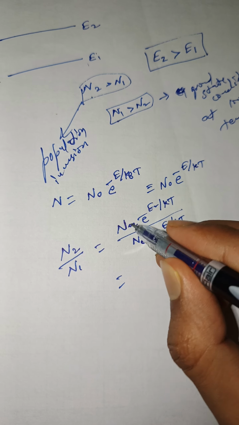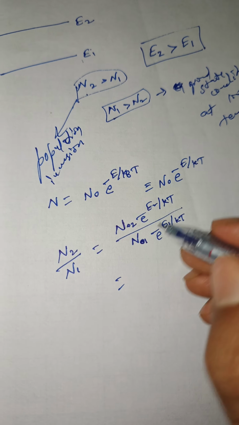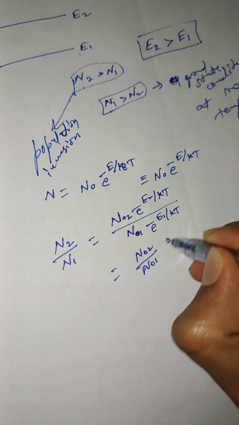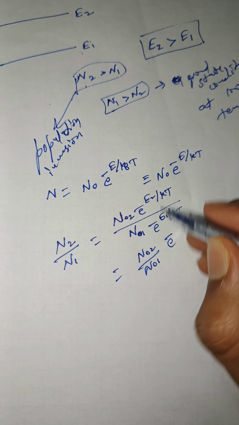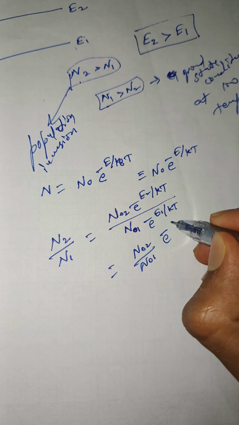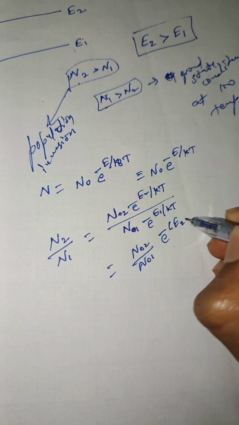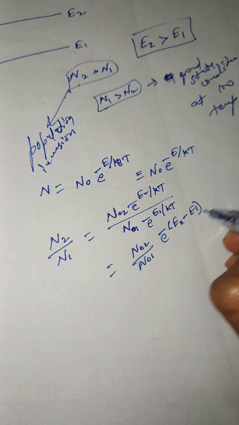So this can be written as e to the power minus (E2 minus E1) by kT.